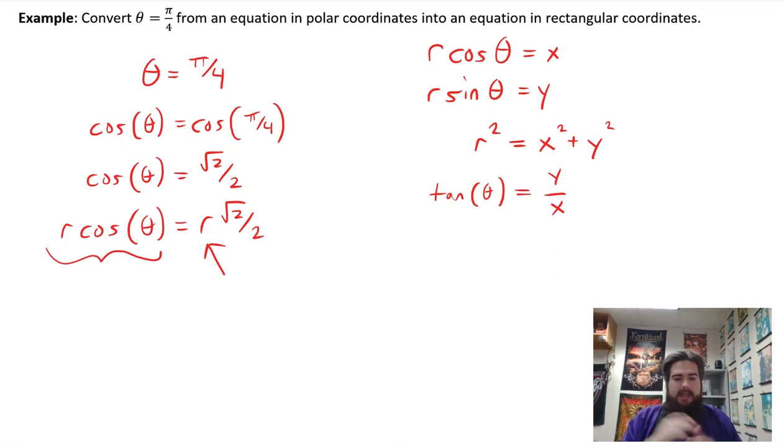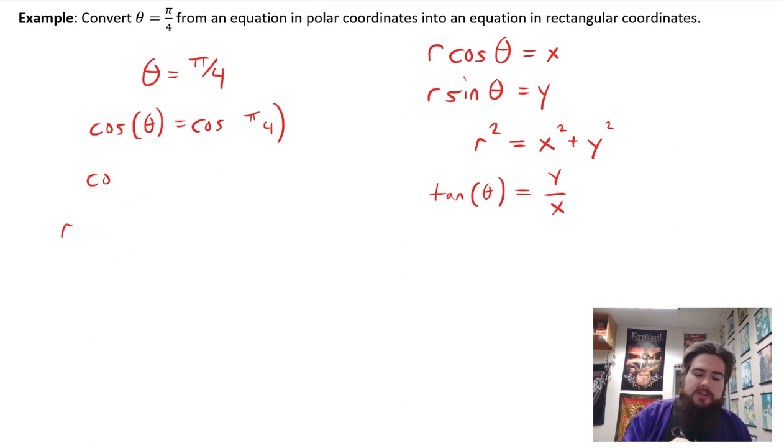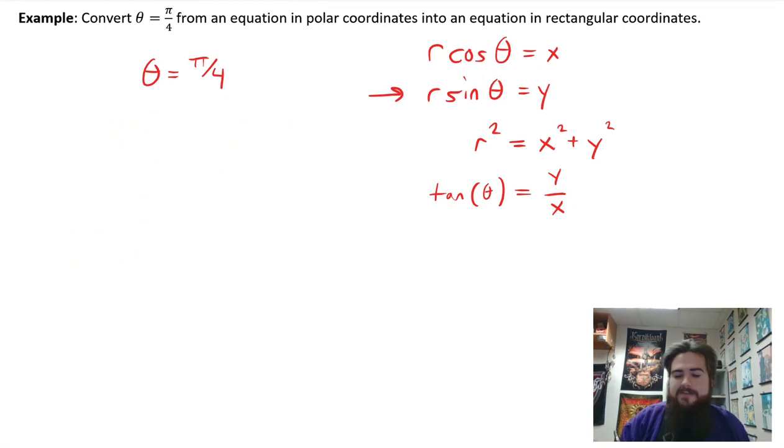So maybe applying cosine was not the best strategy. And that would also apply if I tried to use the second formula listed on the right side there, with r sine of theta equals y. If I take sine of theta both sides and then multiply by r, I'd still run into the same issue.